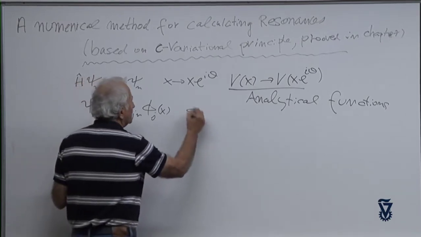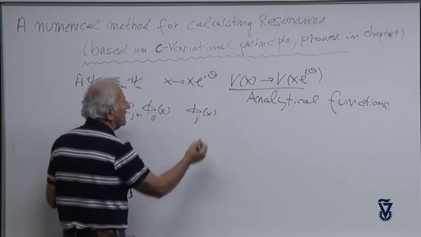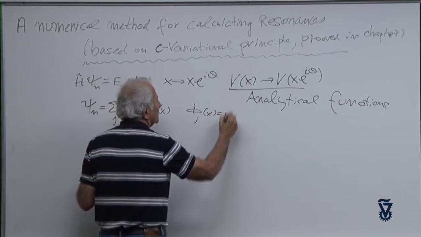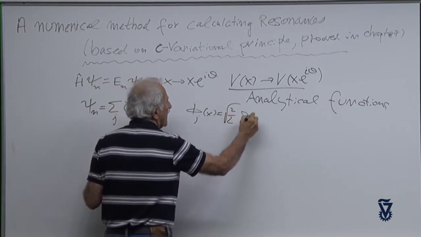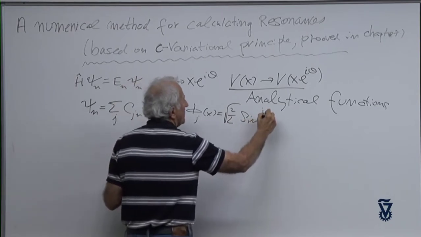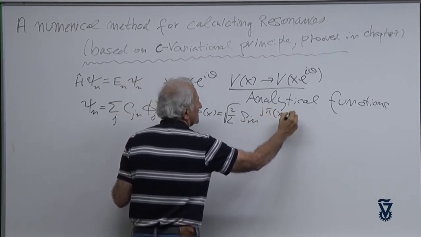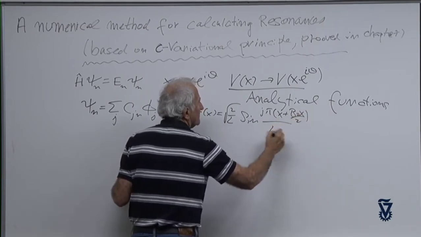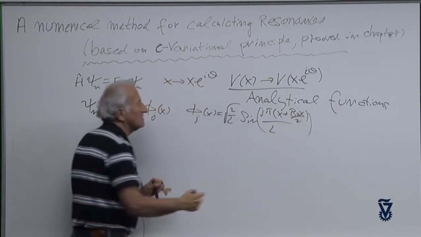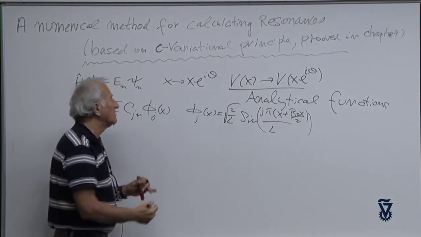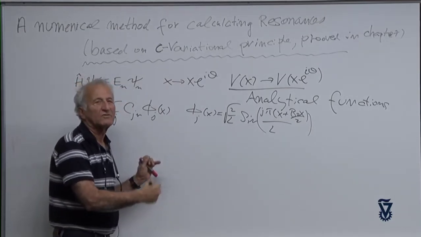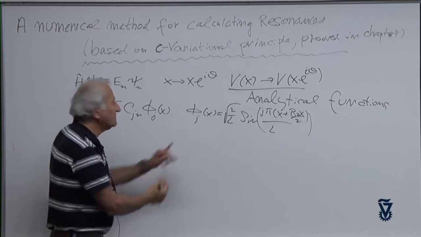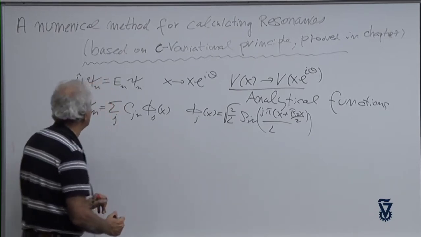And what are these φ_j? Just as an example, I can take it to be equal to sqrt(2/L) sin(jπ(x+box)/(2L)). And box is the size of the box that we are using, that x is varied from minus box to plus box. But this is only an example. It doesn't have to be so.